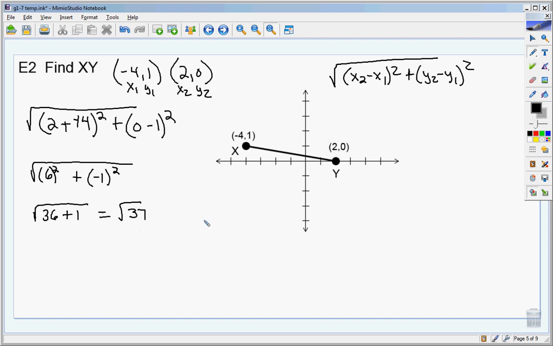The square root of 37 is 6.0827 something. If I round to the nearest hundredth, what's this one going to be? 6.08.